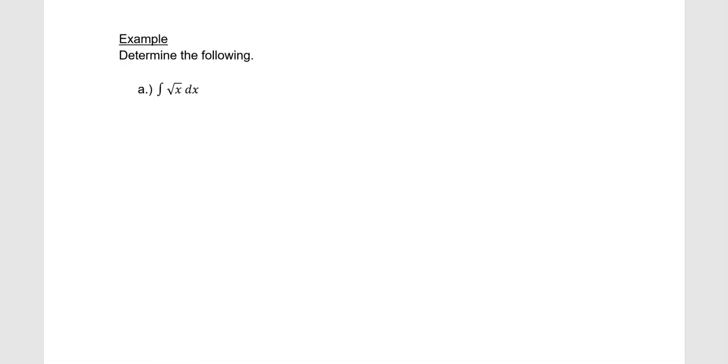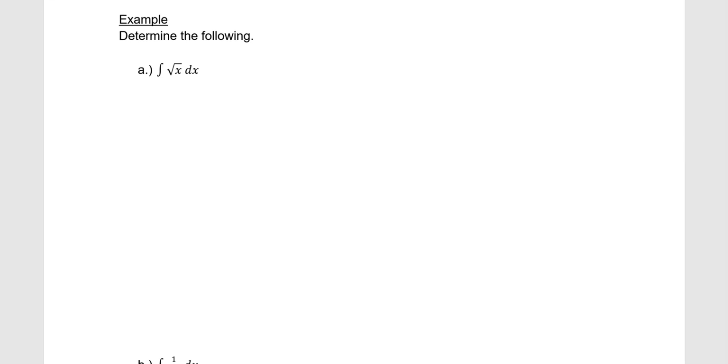So let's do some examples here. We want to determine the following. The first one is the integral of the square root of x dx. Let's go ahead and rewrite this as the integral of x to the 1/2 dx, because the square root has a 1/2 exponent. Now this is going to be the power rule.